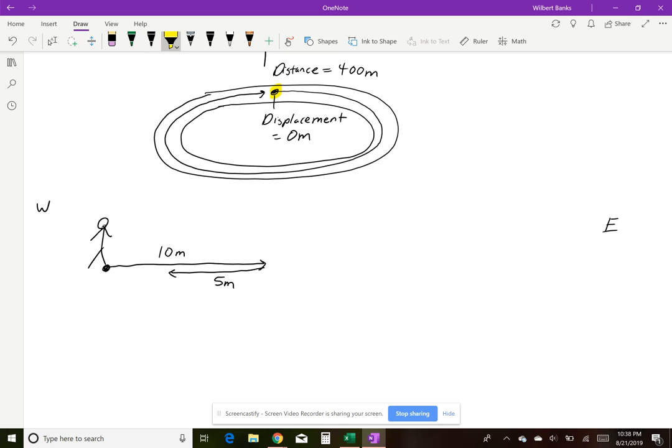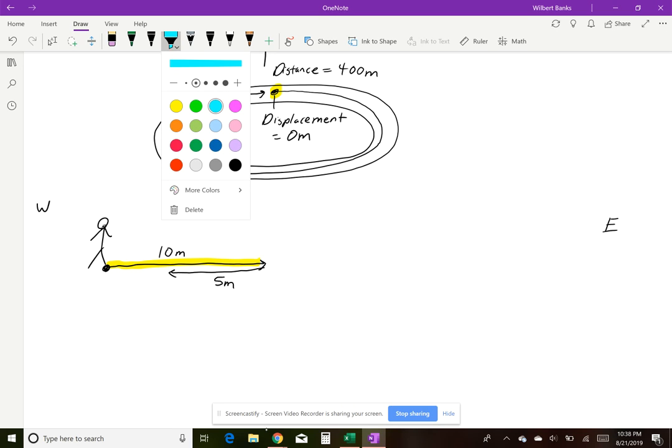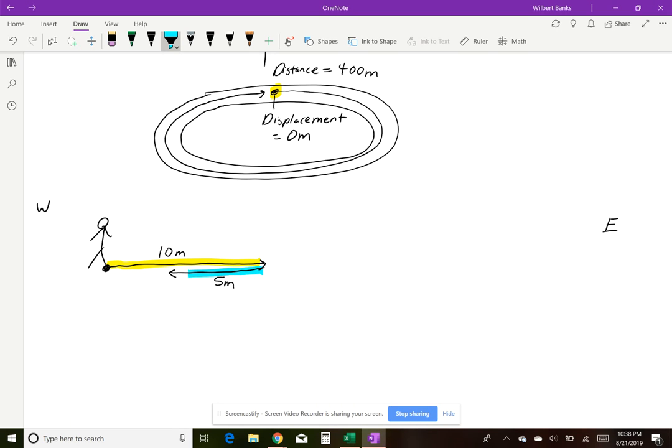Now, considering that he went 10 this way, and then after that, he went 5 back, the question we're asking is, what is this position right here? And if you look at that, if he's 10 one way and 5 the other way, that means his total distance that he moved was 5 meters.